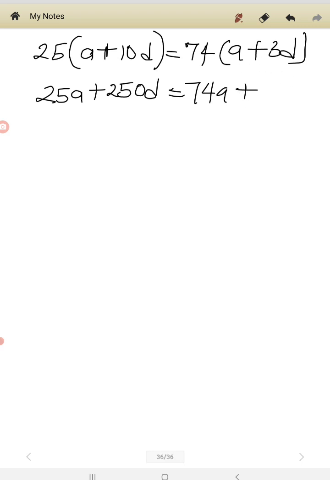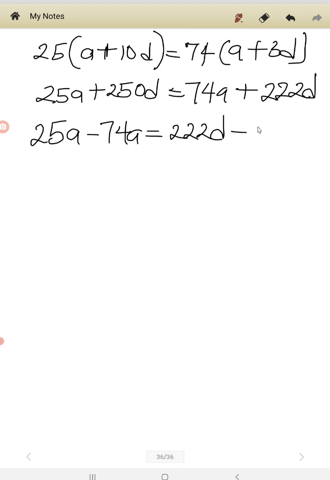You go further to press your calculator to know the value of 74 times 3, which will give you 222, so 222D. Let's collect the like terms, letting A be in one position: 25A minus 74A is equal to 222D minus 250D.